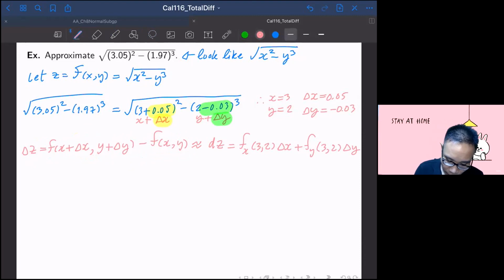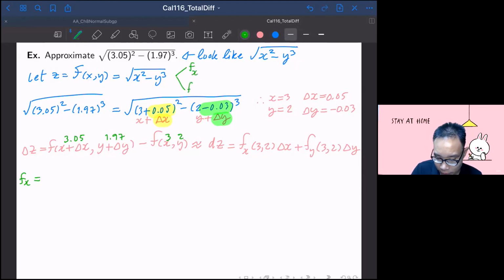So this one is going to be, let me write down the number also, 3.05, 1.97, and this guy will be 3 and 2. And you see that you need fx at (3,2) and fy at (3,2). Let me compute them here. It's not going to take much space.